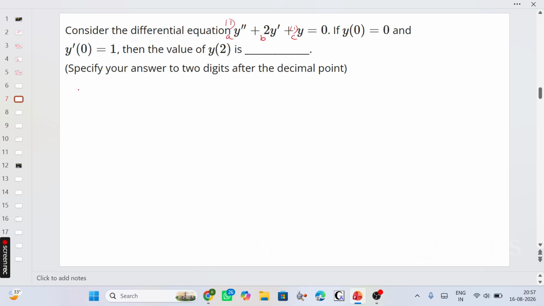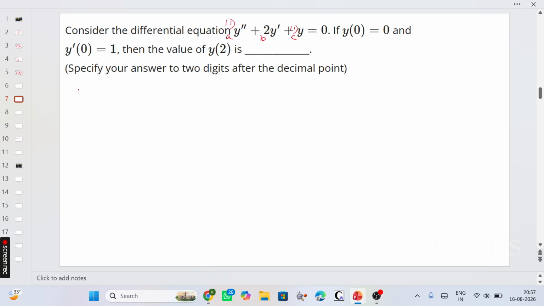Okay, so if we have roots like this, then you can write a general solution for a second order differential equation as y is equal to a plus bx times e power minus 1x. This is the root which we found from solving this quadratic equation. So I can expand this and write a e power minus x plus bx e power minus x.